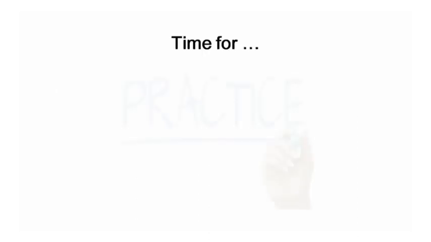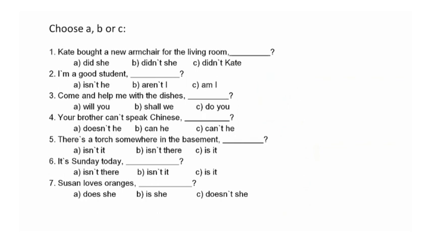It's time for practice. In the first exercise, you need to read each of these sentences carefully and try to decide which is the correct question tag for each sentence, A, B, or C. The first sentence. Kate bought a new armchair for the living room. What's the correct question tag for this sentence?